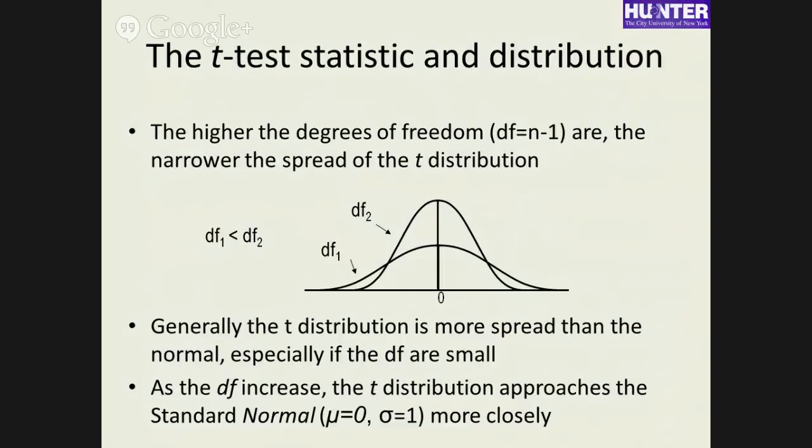Let's see, is it on this next page? No, not on the next page. Maybe the simpler way to think about degrees of freedom is how many additional data points do you have than you need to calculate this statistic.